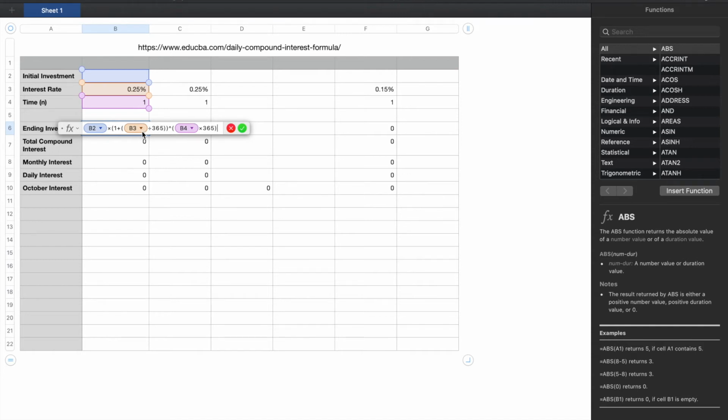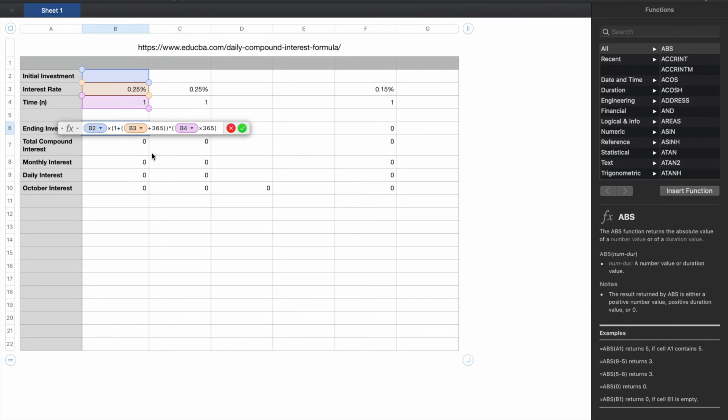So the interest rate for the year, divided by 365 to get your interest rate for the day, raised to the year times 365. I don't understand all the math of this, and I try to. Actually, there was another website that explained it really well. Maybe I'll screenshot it. But that's the formula. If you're using numbers, just click on this.